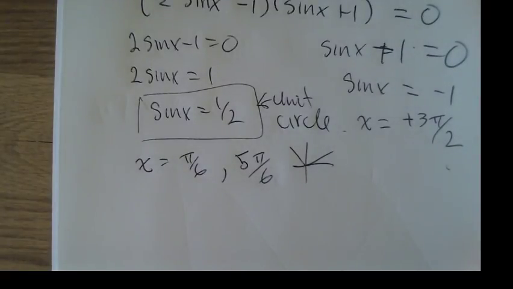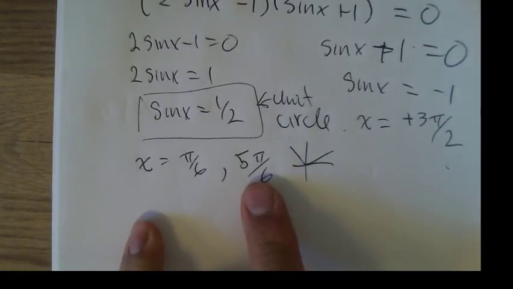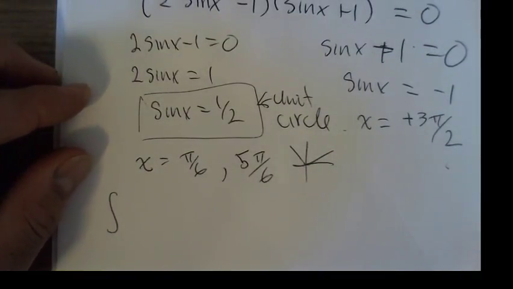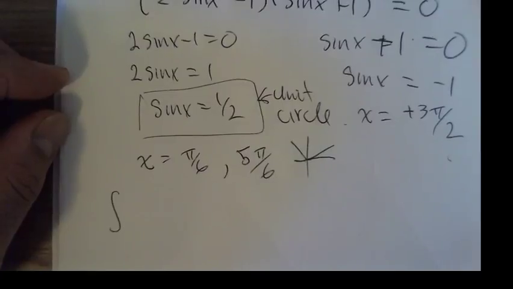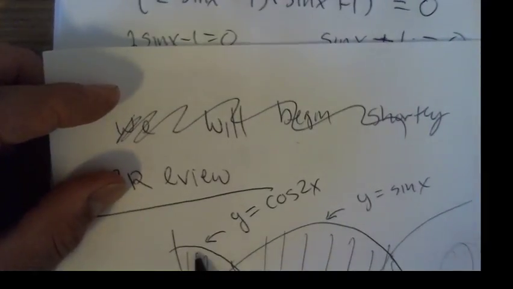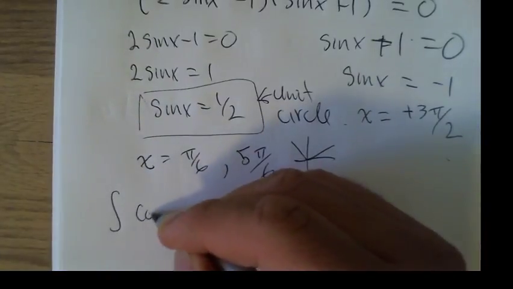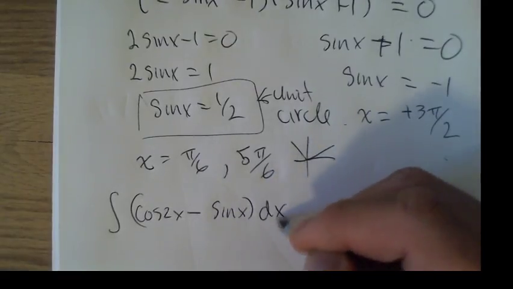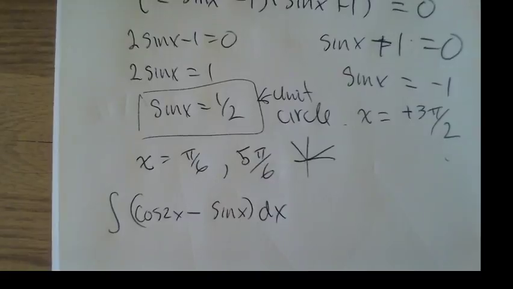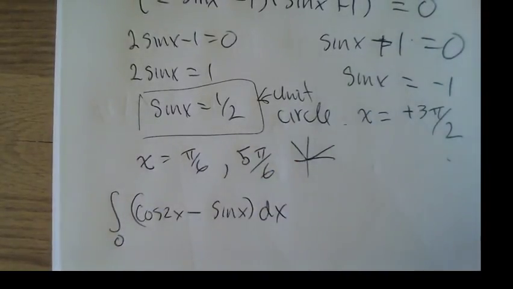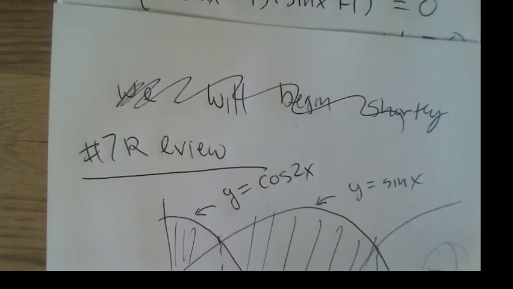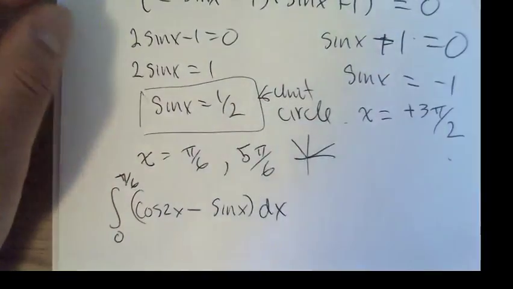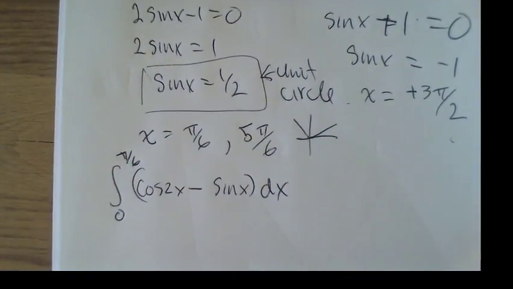So now my first integral is going to be the top curve, which is cosine of 2x, minus the bottom curve, which is sine of x, dx. It'll go from 0, a very definite starting point they give us, to the first intersection point, pi over 6.